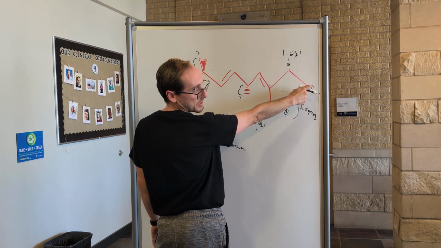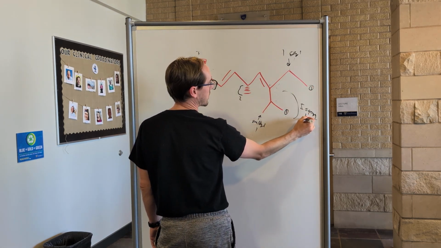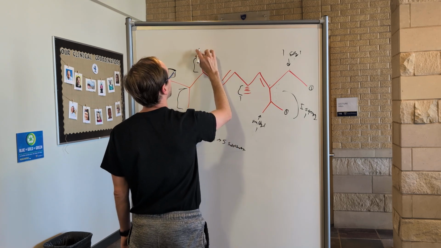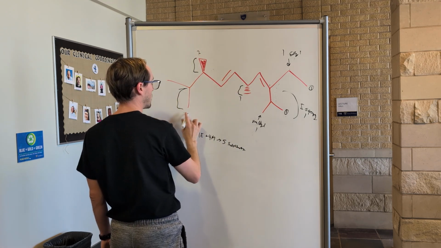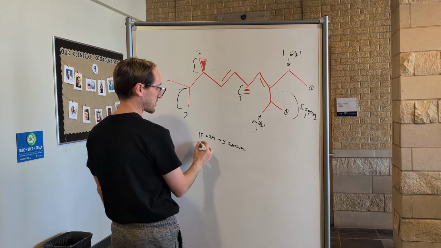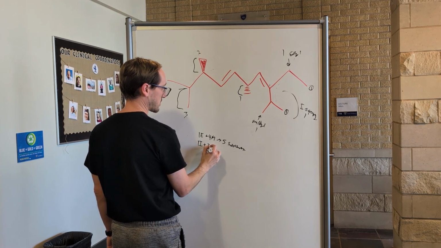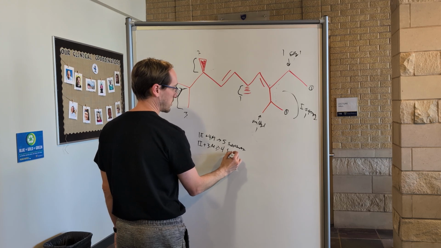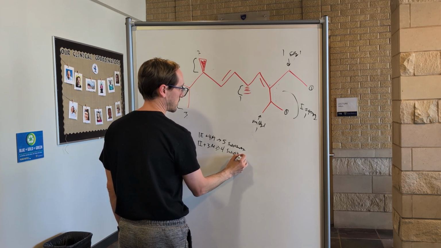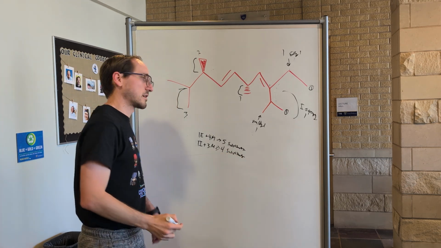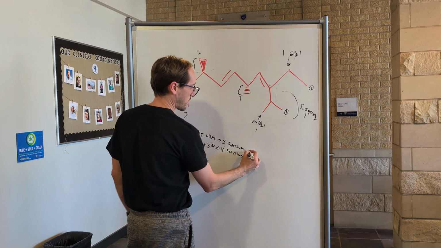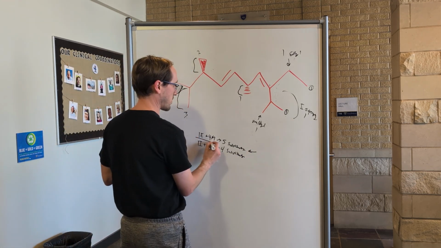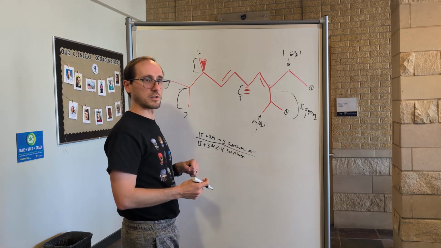If you start with this being your number 1, you have 1 isopropyl group and then only 1, 2, 3 methyl groups. So 1 isopropyl plus 3 methyl is only 4 substituents. So you want to have the most substituents that you can have, so you actually want this chain when you're looking at this.